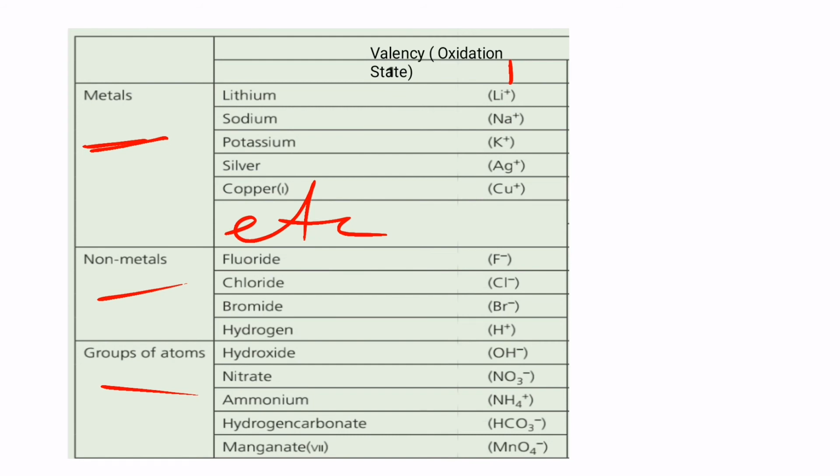So you have fluoride, chloride. These are the ions, bromide ion, hydrogen ion. And then we have groups of atoms like hydroxide, which is hydrogen and oxygen.